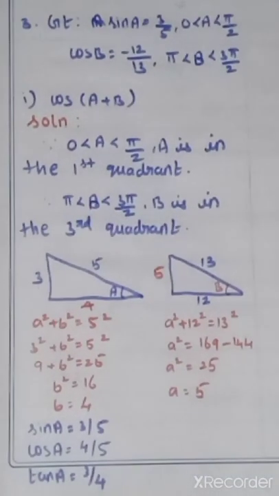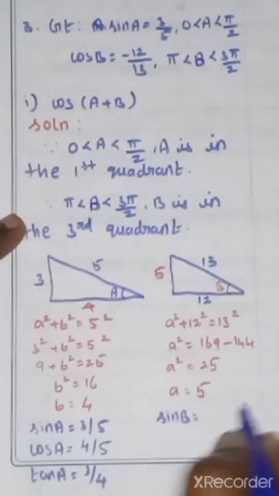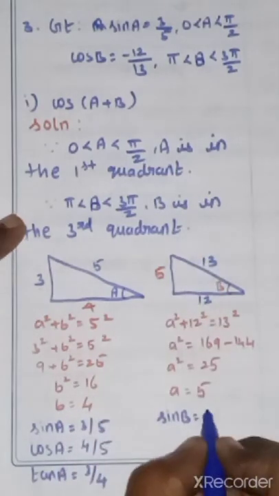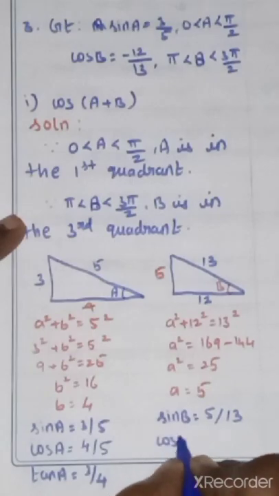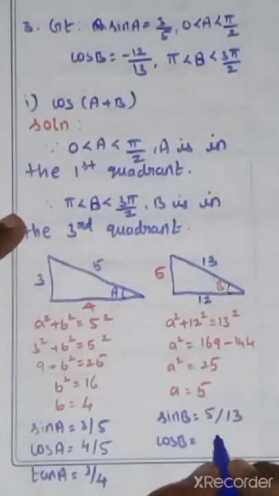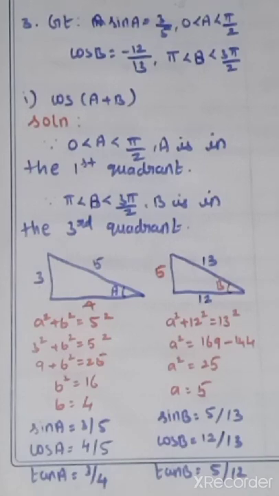Similarly, from this one, sin B is opposite by hypotenuse, so 5 by 13. Next, cos B, adjacent by hypotenuse, so 12 by 13. Tan B is opposite by adjacent side. So we got all those values. Now whatever the question asks, we use the formula and substitute these values, and you can get the answer.